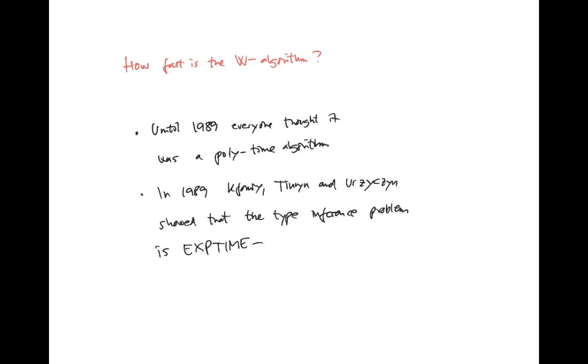So it's not a polynomial time algorithm we got, because the underlying decision problem is complete for exponential time, and one can actually find expressions that have principal types that are very, very large. So we're lucky that in most cases the type inference algorithm that Haskell and the ML implementations use actually gives us types very fast. There are extreme cases where type inference is slow.